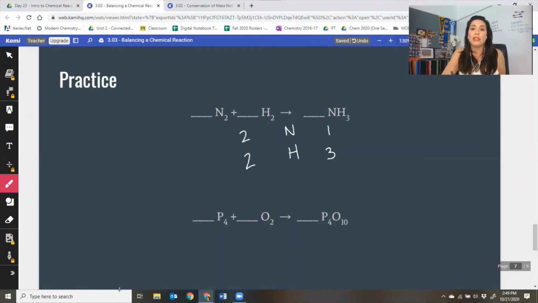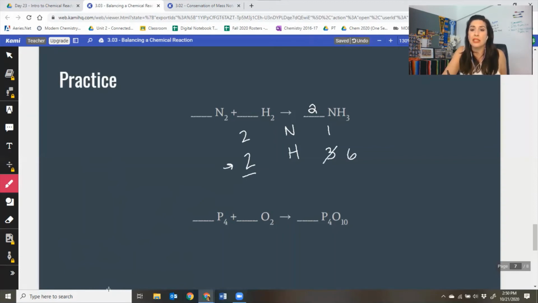So I'm going to go ahead and start with the most complex molecule, which in this case is the only one that has 2 different types, NH3. Now, I have 2 on one side and 3 on the other. I can never turn 2 into 3. There's no number except fractions that I can use to get 2 into number 3. But I can maybe double everything here, which takes my hydrogens up to 6 hydrogens.